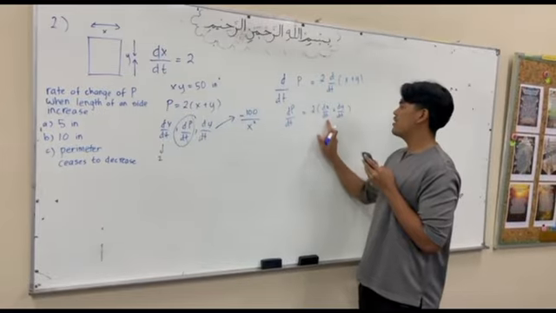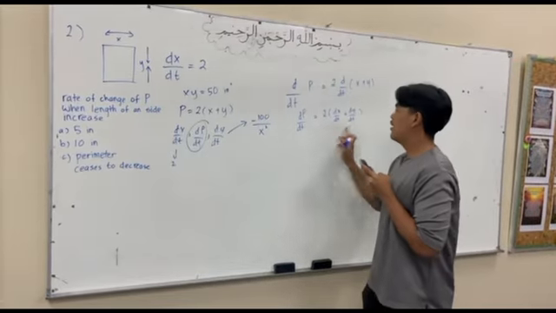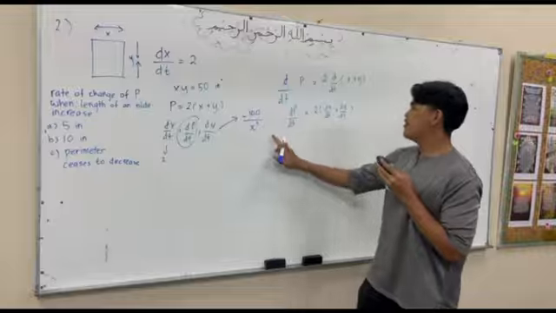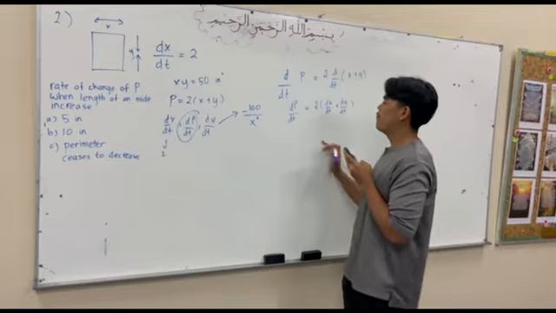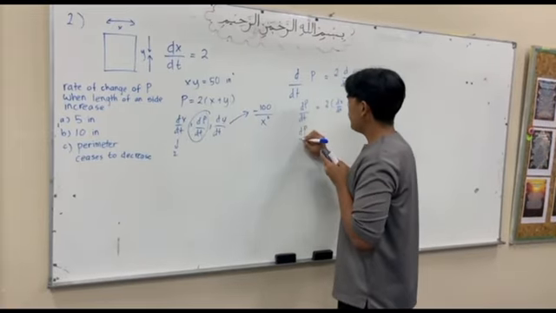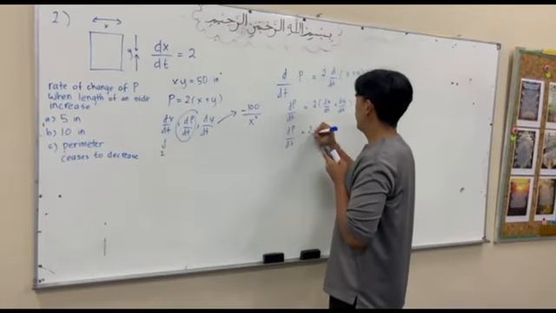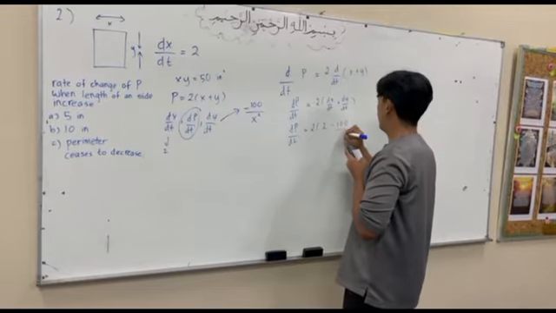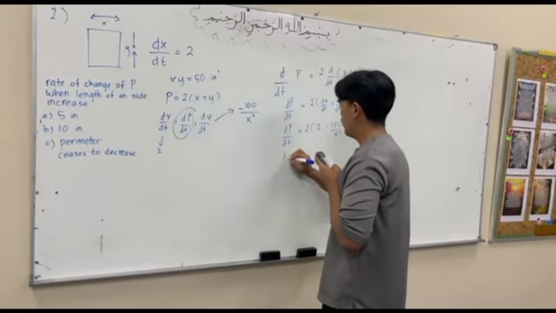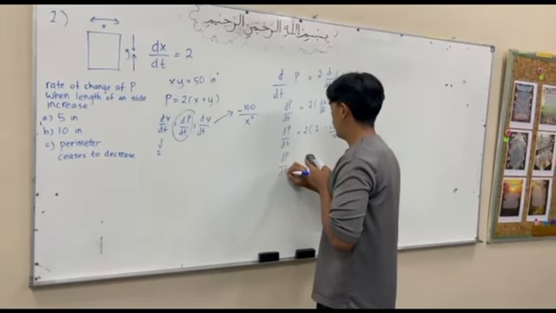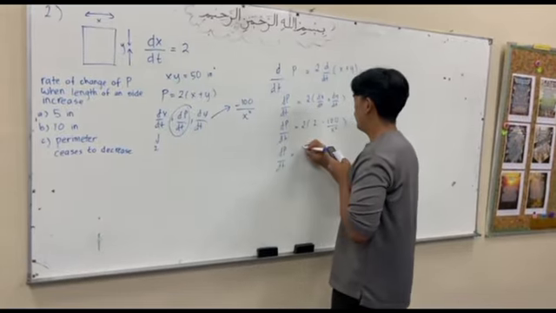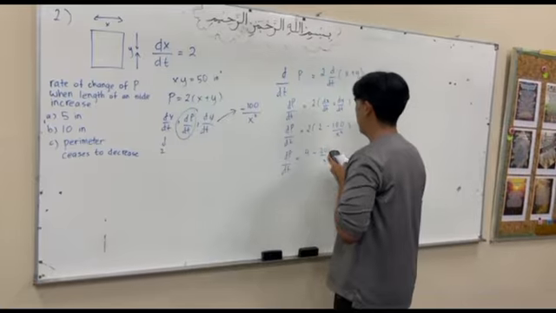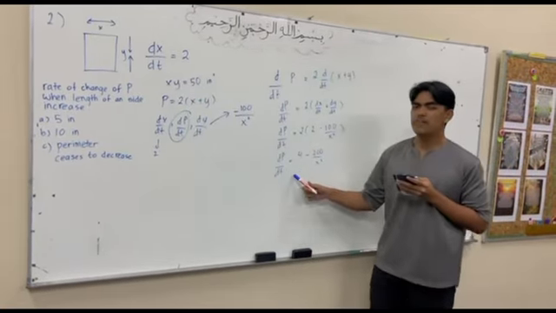We know dx/dt equal to 2 and dy/dt is negative 100 over x squared. So just put it in this equation. We just got our dP/dt.